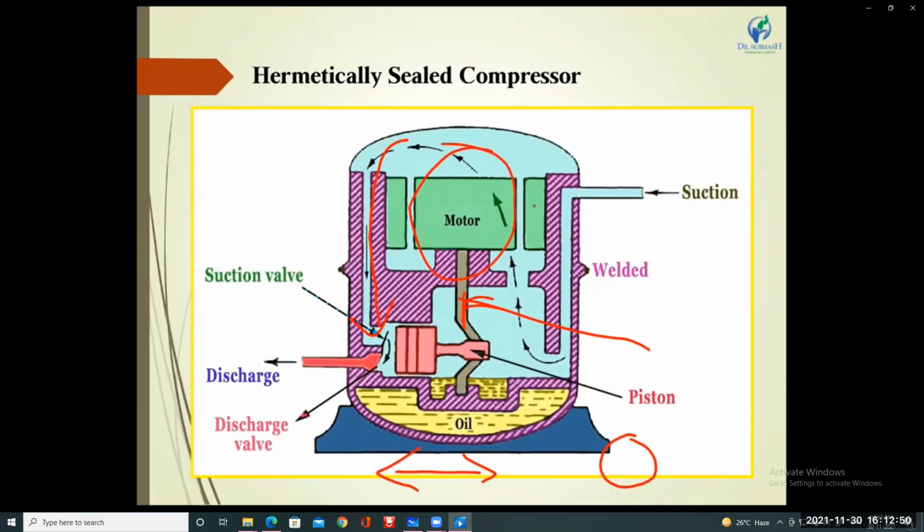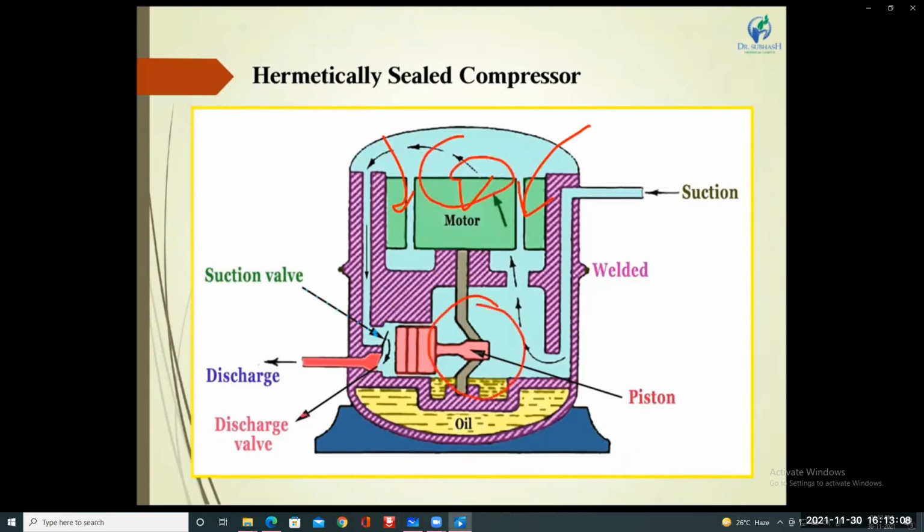This is the electric motor, this is the winding core, and it gives rotational motion. The motor gives rotational motion, and this portion converts rotary motion to reciprocating motion.